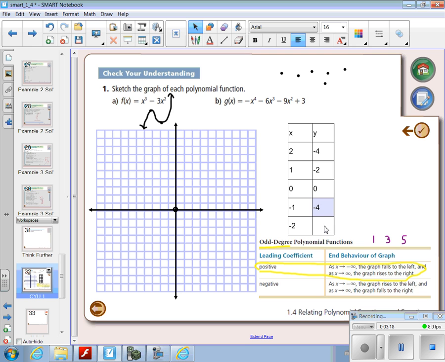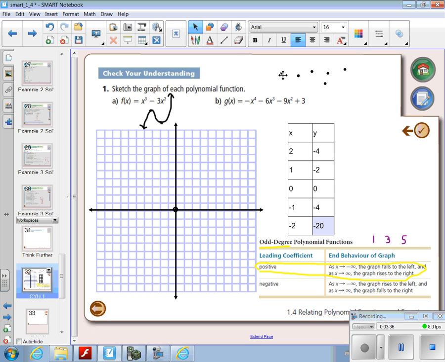And then negative 2: negative 2 cubed is negative 8, negative 2 squared is 4, 4 times 3 would be minus 12. Negative 8 minus 12 is a negative 20.